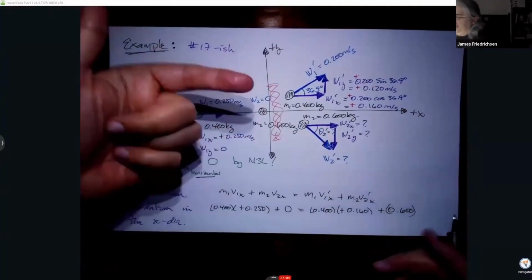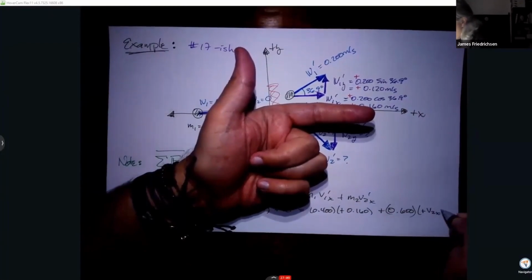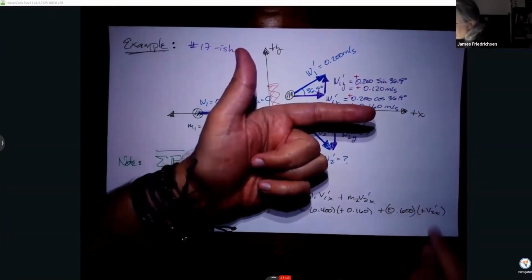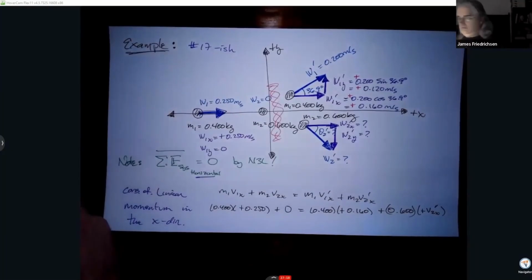Now I know that it's going to go in the positive direction, so here's my direction, here's my magnitude, and it's the only unknown in the formula. So we're going to solve and get an answer.